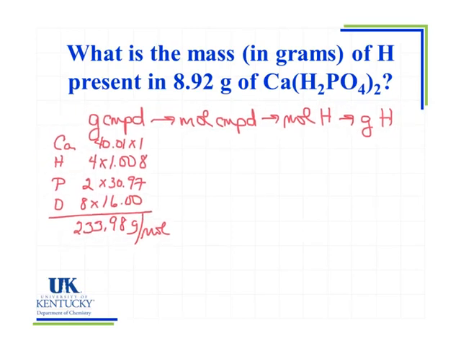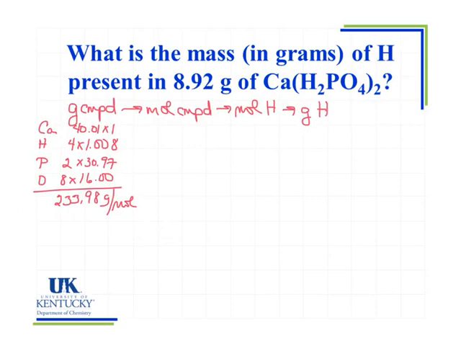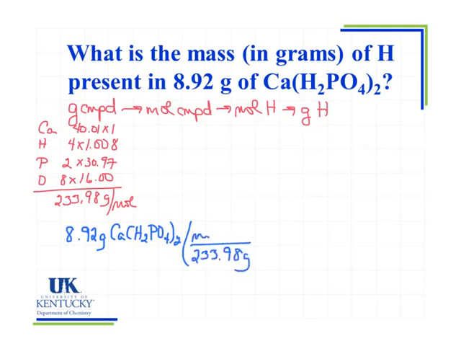So now let's look and see how we're going to set this up now that we have our molar mass. And we said we're going to start with our grams of our compound, which is given in the problem. And so that is 8.92 grams of Ca(H2PO4)2. And we're going to use our molar mass, 233.98 grams per mole of the compound.